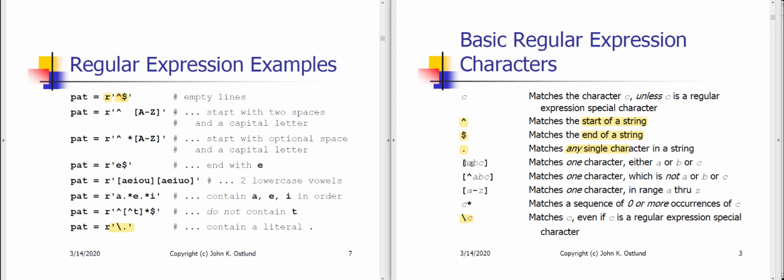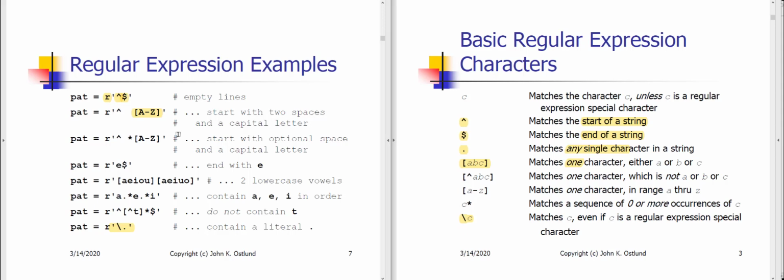Now, square brackets mean to match one character from a set or from a range. And in this next example here, we're using square brackets with a range of characters, capital A through capital Z. Now, in the ASCII character set, which we're using on our systems, the capital letters are in ascending sequence.